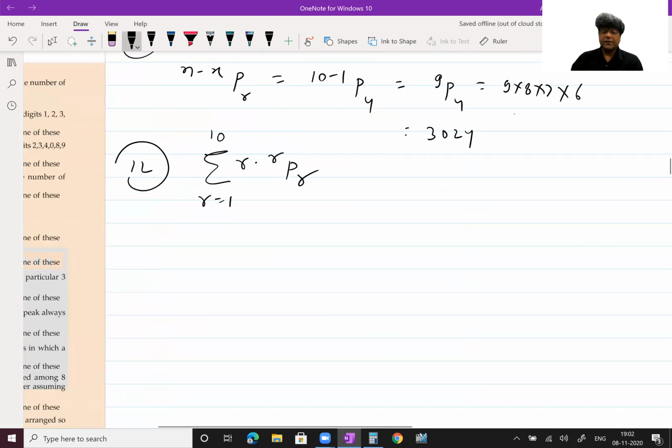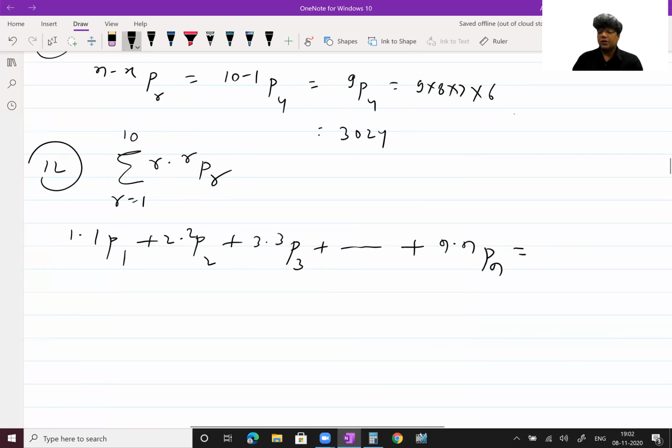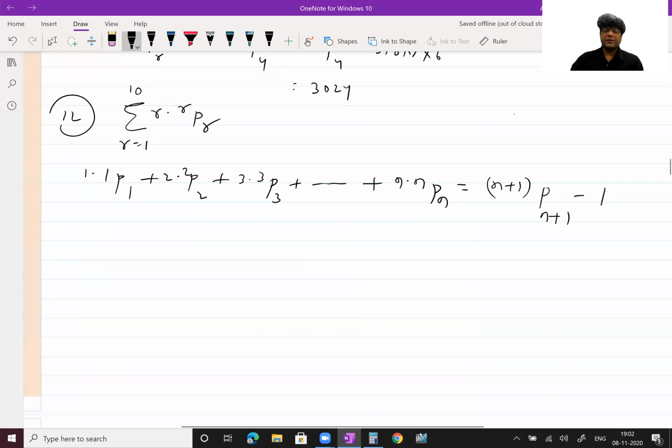You remember I gave you a formula: 1 into 1P1 plus 2 into 2P2 plus 3 into 3P3 plus dot dot dot plus n into nPn is equal to (n plus 1)P(n plus 1) minus 1. This formula you have been given.